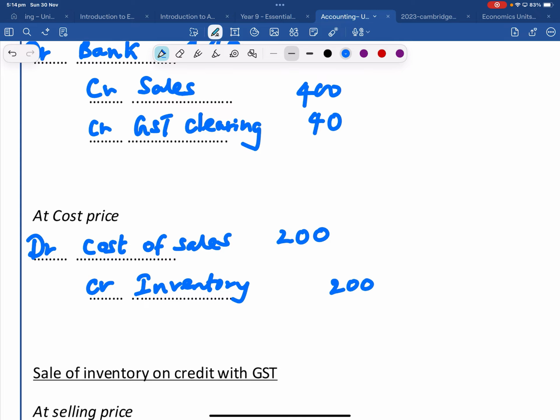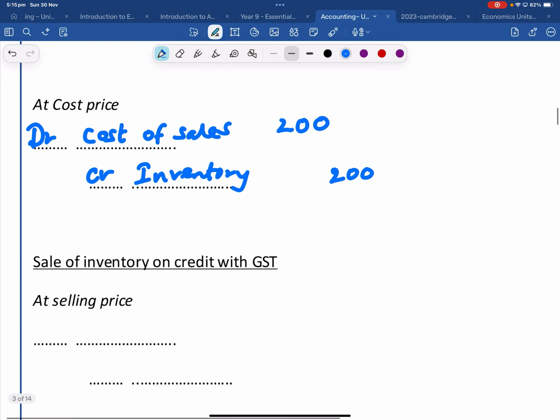It's an expense. What happens? Decrease in owner's equity. Yes, but usually expense is increasing. So expense increases, debit, similar to assets. Inventory, what happens? Decreases, means asset decrease, credit.